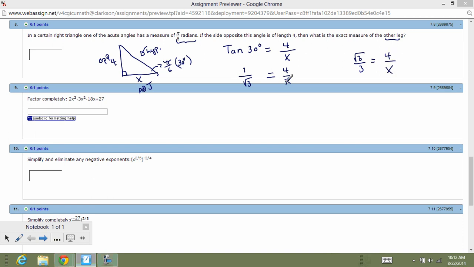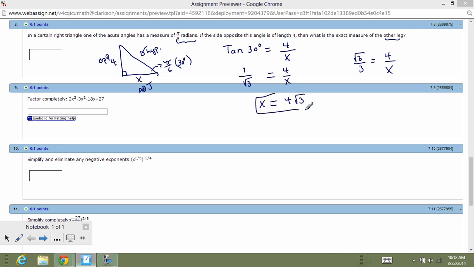Now again, notice if you rationalize the denominator of 1 over the square root of 3, that you get square root of 3 over 3. So those two values, square root of 3 over 3 and 1 over the square root of 3, do identify the same number. From here, either approach, we would cross multiply, and 1 times x is of course x, and 4 times the square root of 3 is 4 square root of 3.